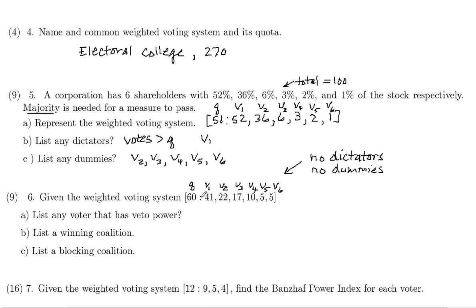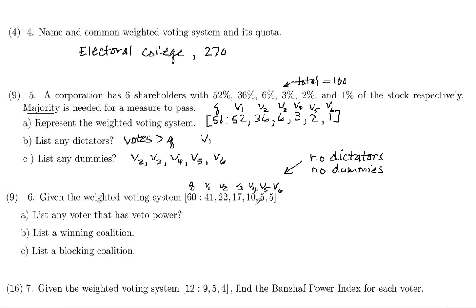If voter 1 withholds their 41 votes, let's see, the total of these guys, 41 plus 22 plus 17 plus 10 plus 5 plus 5, is 100.